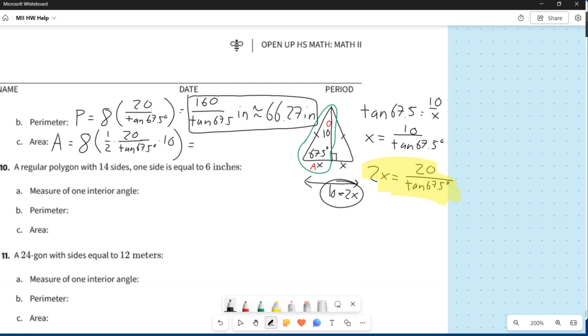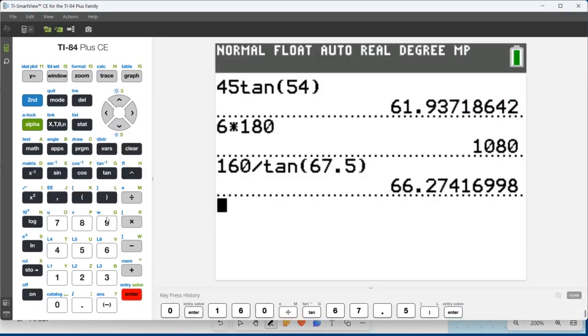So if I ignore the trig for a second and just multiply everything else, 8 times 1/2 times 20 times 10, what I end up getting here is 800 divided by tangent of 67.5, and because it's area, it's inches squared. Now, I'm going to do this down here because I'm running out of space. If we want an exact answer, we can again just plug it in.